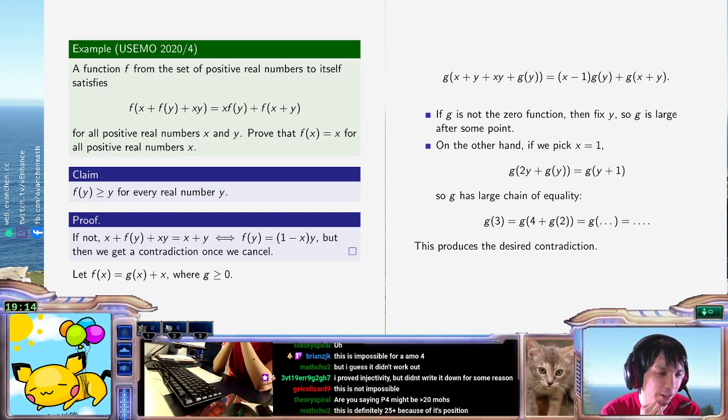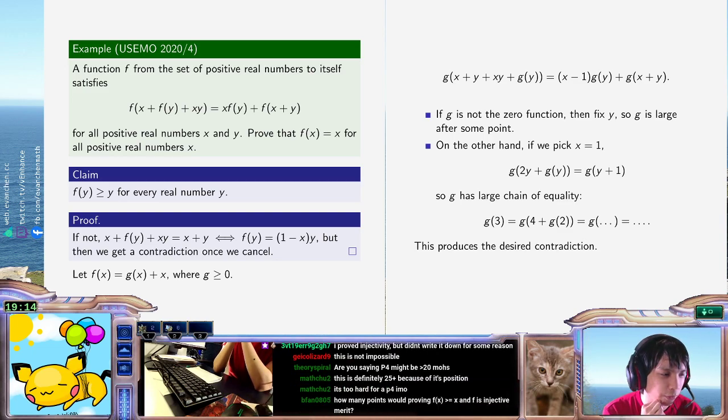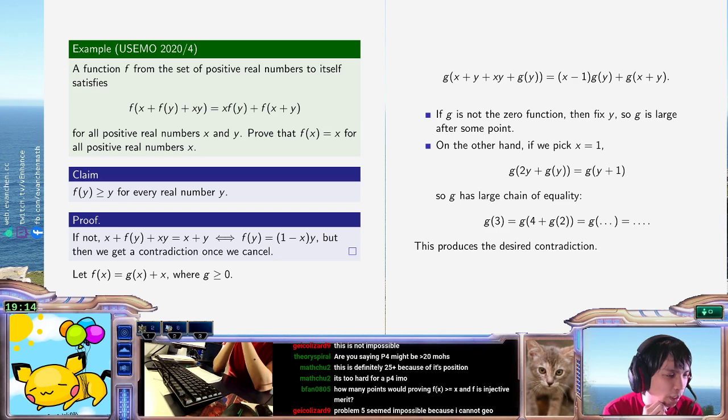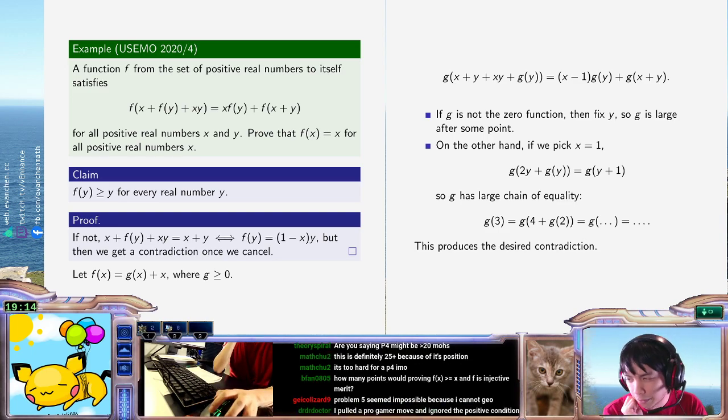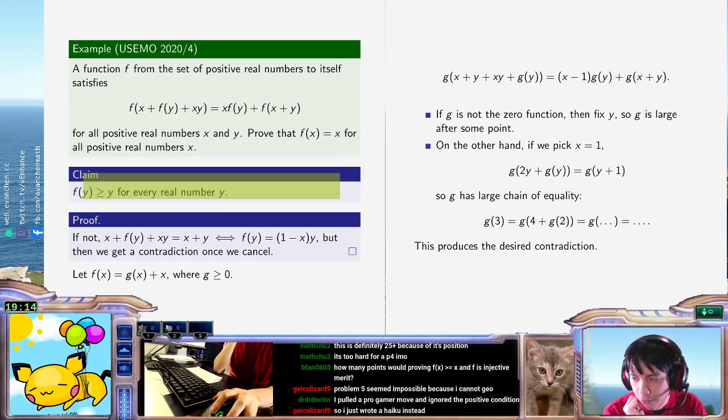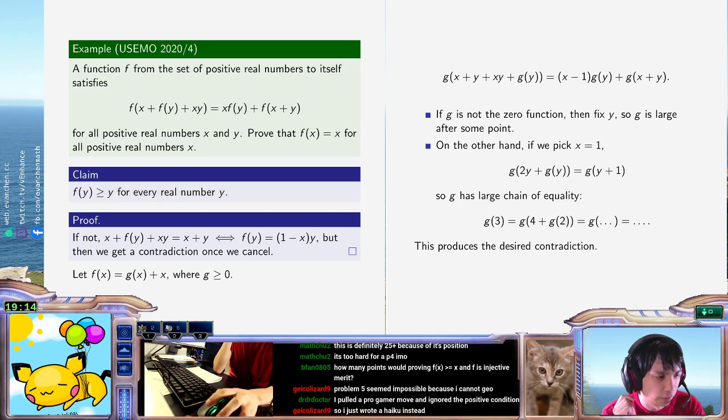So then I put it in the order because, spoiler alert, problem 5 uses spiral, so I didn't really want to put it as 4. How many points would this be worth? I think this claim will definitely be worth something, because every solution I've seen uses this in some way. I don't know about the rest of it.